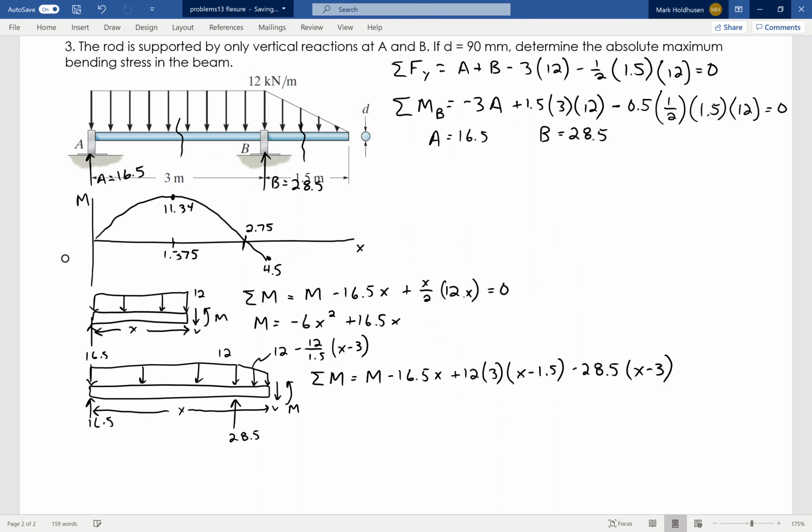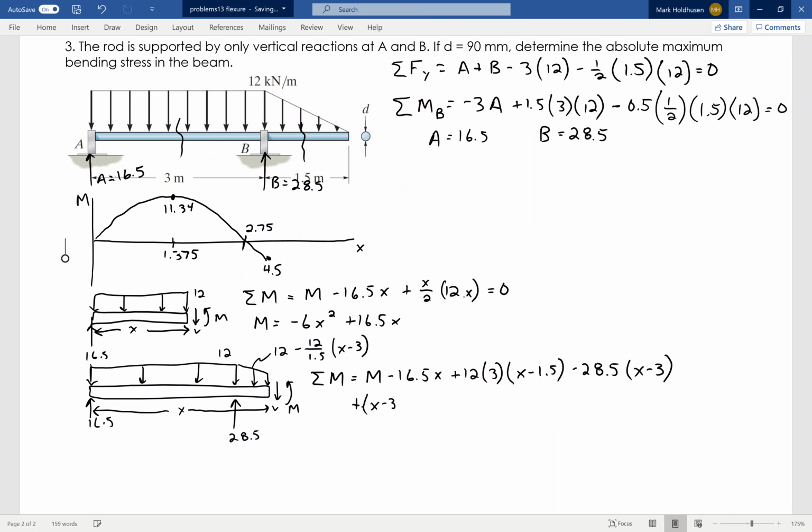Now I'm going to deal with the trapezoid, which I'm actually going to break up into two pieces, a rectangle and a triangle. So the rectangle has a width of x minus 3. Again, trying to do the area. This is going to be a positive moment.